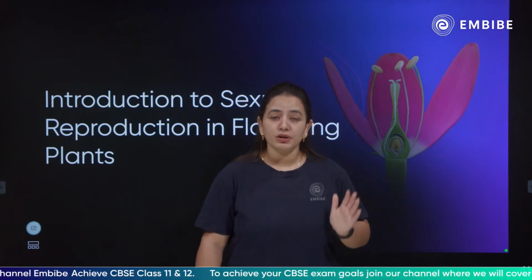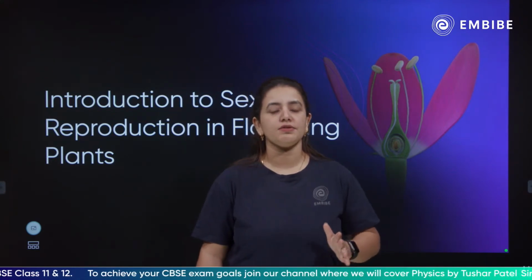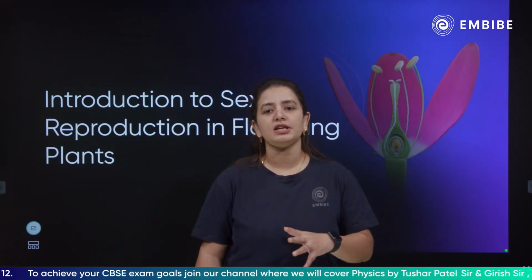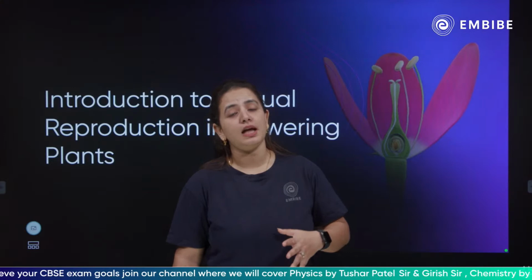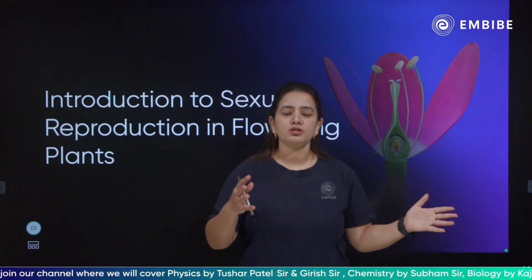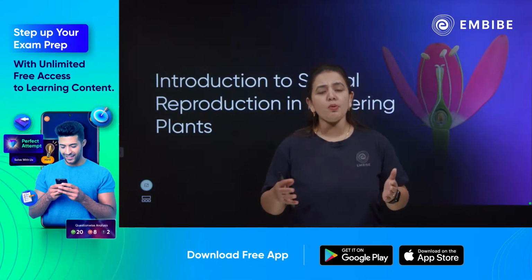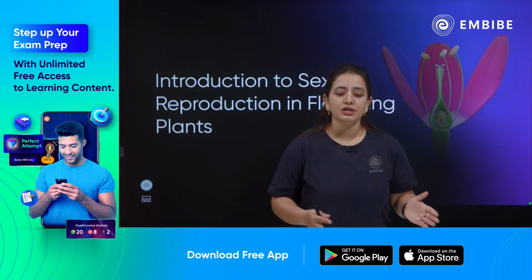So today also we're going to discuss those angiospermic plants only, which have flowers, and how they sexually reproduce, their sexual and reproductive organs, and the pre and post fertilization events.